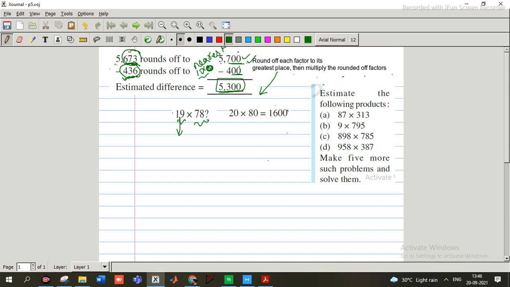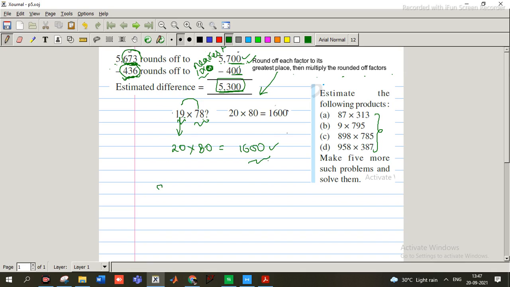You will take the nearest tens of 19, which will be 20, and the nearest tens of 78 will be 80, and you will immediately multiply them and say this is 1600. So this is the approximate multiplication of these two. Once you actually multiply and take the approximate of that number, you will get this same number. These are some of the examples. You can try at home.